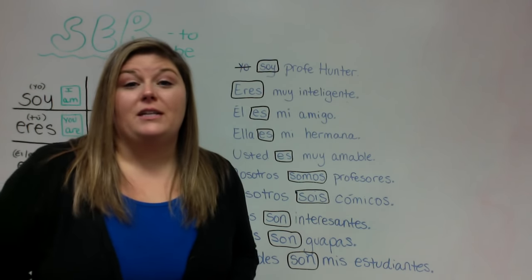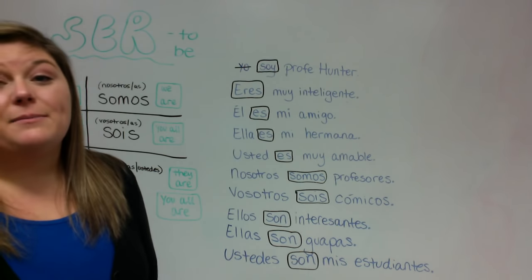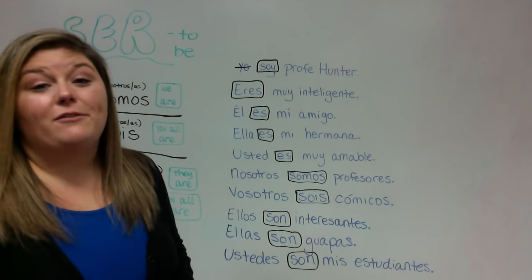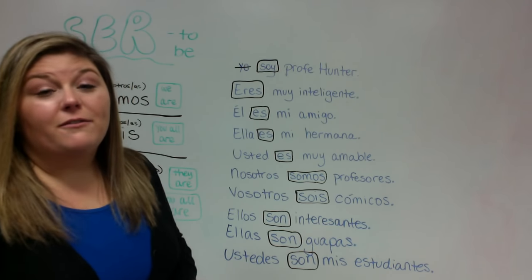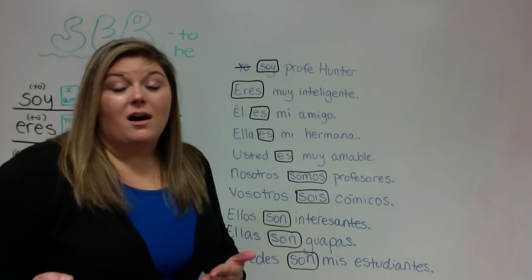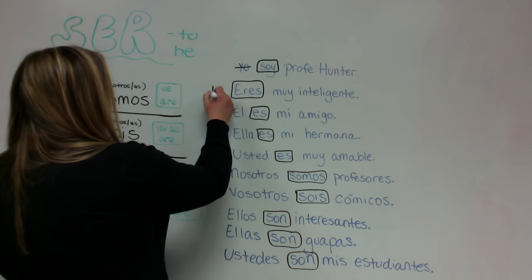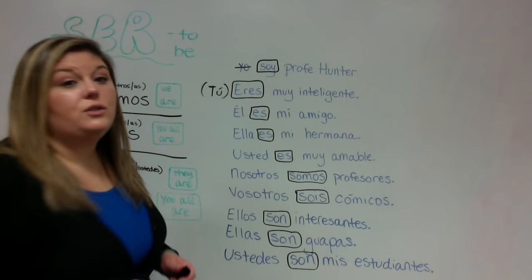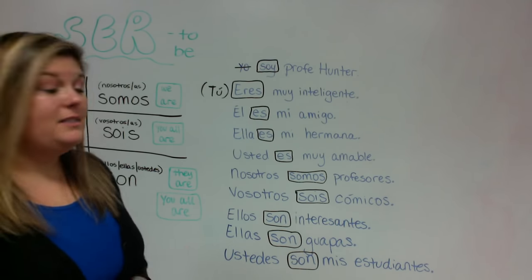I am profe Hunter because by conjugating ser and putting soy, I am saying I am, and it can only ever mean I am. Eres muy inteligente. You are very intelligent. So eres, again, means you are, and so I don't have to put the tú in front of it because it's implied in the conjugation with eres.